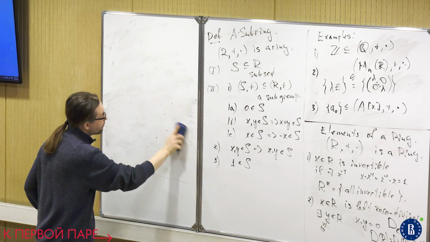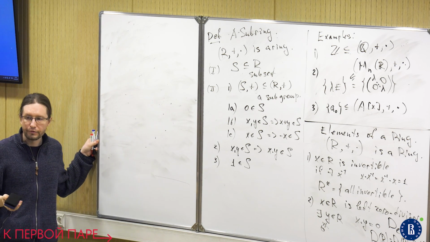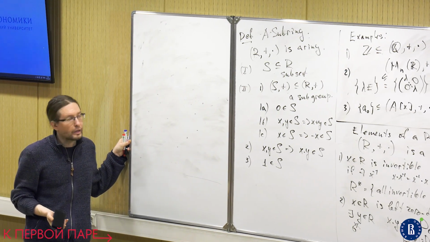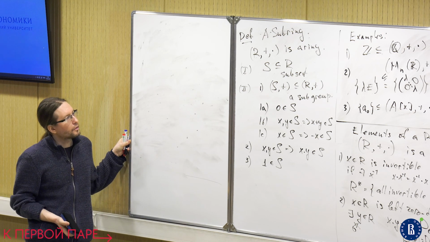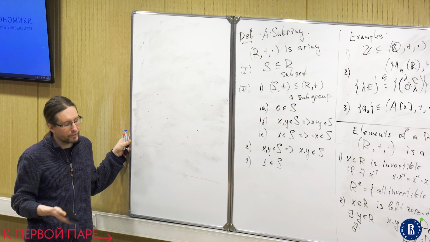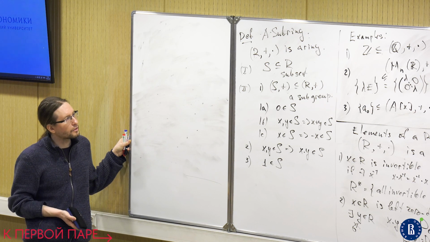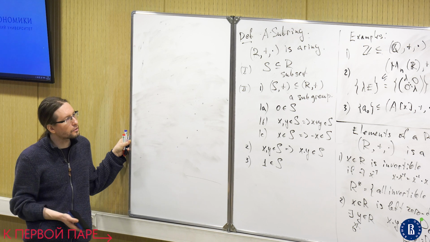When we discussed homomorphisms of groups, if you remember, the kernel of a homomorphism is always a normal subgroup, and the image of a homomorphism is just an arbitrary subgroup. In case of a ring, the situation is not that symmetrical. The image will be a subset which is a subring, and if we want to deal with something like a kernel, we need a new notion, which is an ideal.